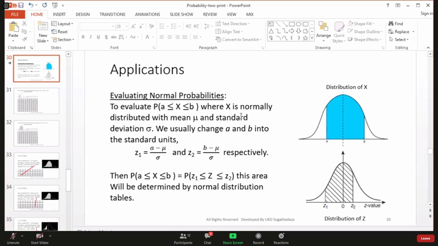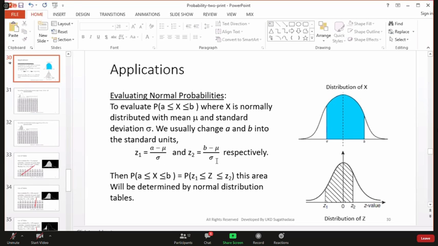What is the mechanism? We change this X variable to standard normal Z. If you want to change A to the normal scale, A becomes Z1, which is A minus mu divided by sigma.